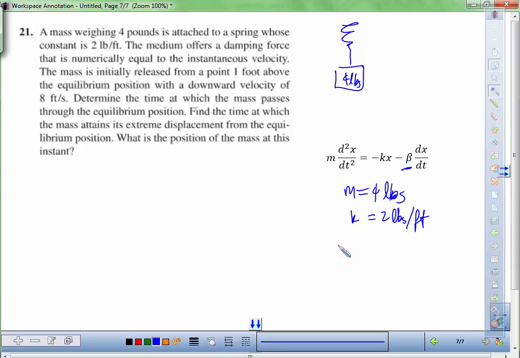So the damping force is equal to dx/dt, and numerically equal means it's just dx/dt without any other constants involved. It's not a factor of anything like that. So our beta in this case is just going to be 1.